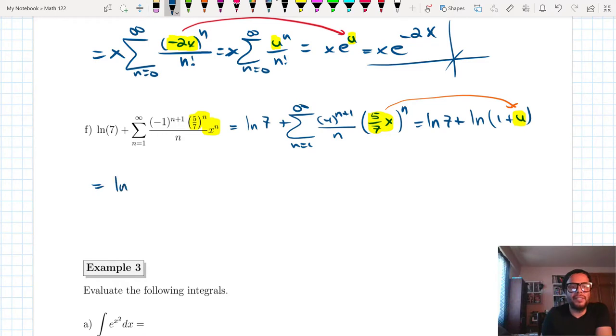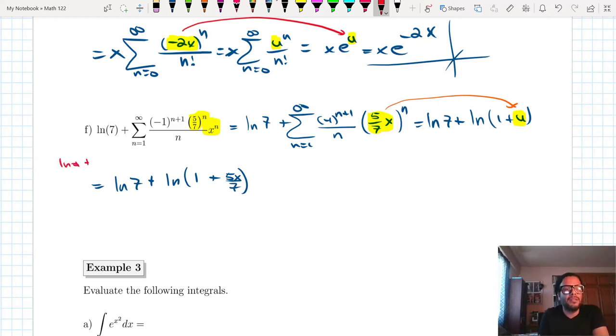So ln of 7 plus ln of 1 plus 5x over 7. So we're almost done, except that we are now going to use the properties of logarithms for the addition, turn it into a multiplication, just like we did on the previous example on a couple pages ago. I'm going to do it but backwards.